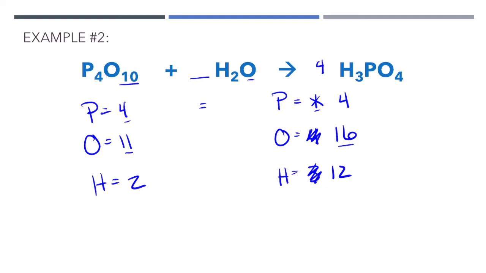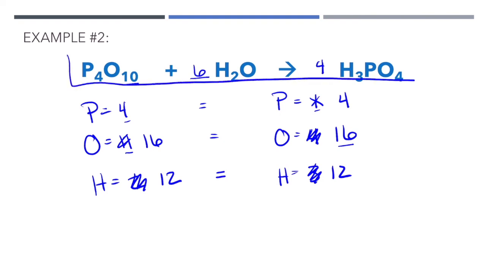I need 6 more oxygens, and there's only 1 here. So if I multiply that by 6, then I get 16 oxygens. But that 6 also changes the number of hydrogens, since 6 times 2 is 12. And so that balances both oxygen and hydrogen. So here's the final balanced equation for this last example.